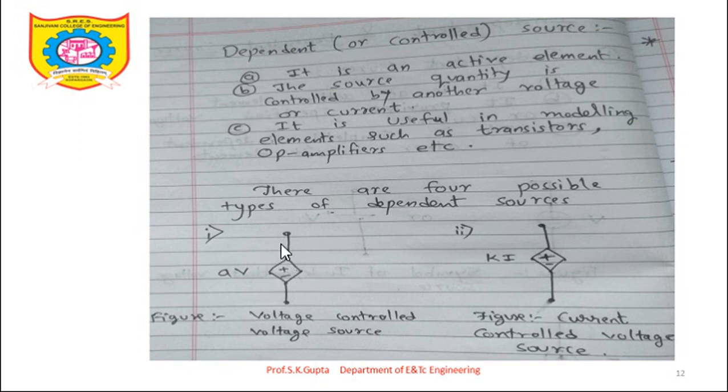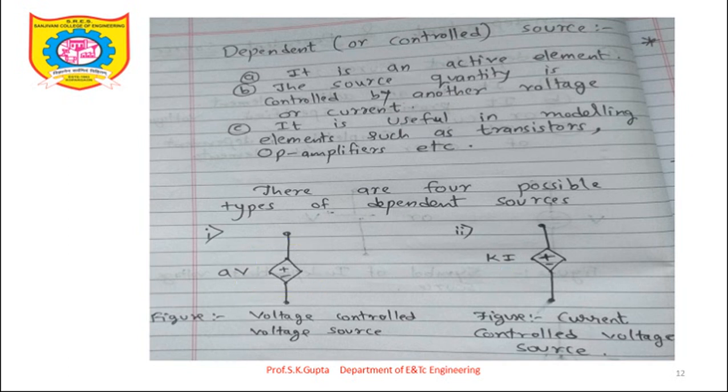So this is a dependent source, and how much voltage is provided by this dependent source depends on this voltage. Again, this is a dependent voltage source, and how much voltage it provides depends on this current. So the second point is that the source quantity, that means this voltage or current, is dependent on another voltage or current.